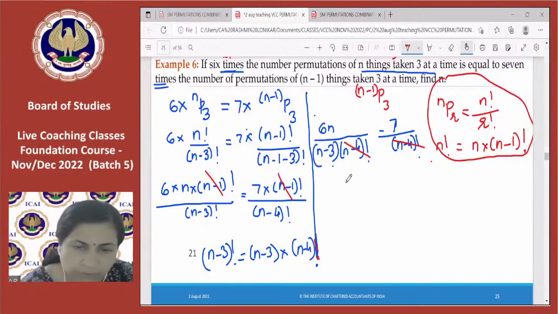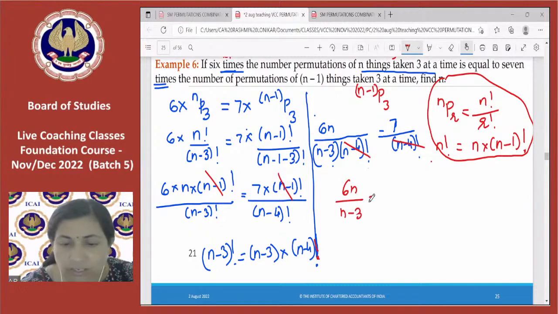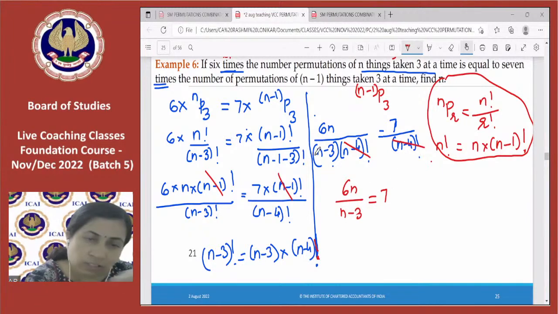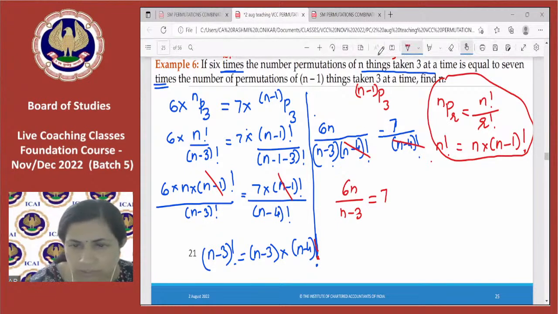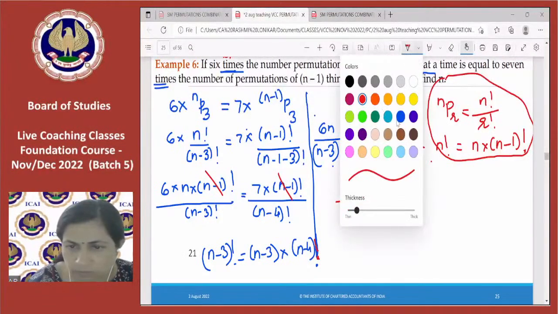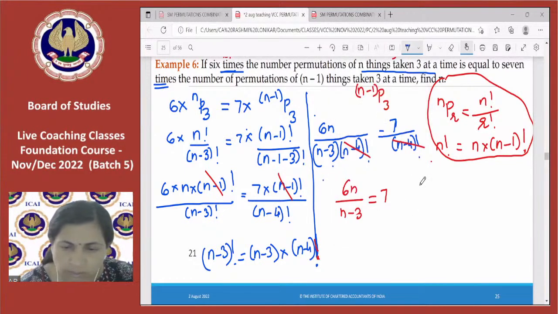So what we are left with is 6n upon (n minus 3) is equal to 7. This whole equation 6 into nP3 is equal to 7 into (n minus 1)P3 is now simplified to this. So 6n is equal to 7 into (n minus 3).